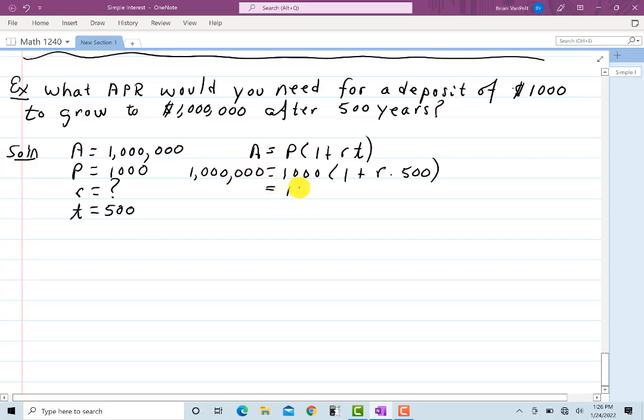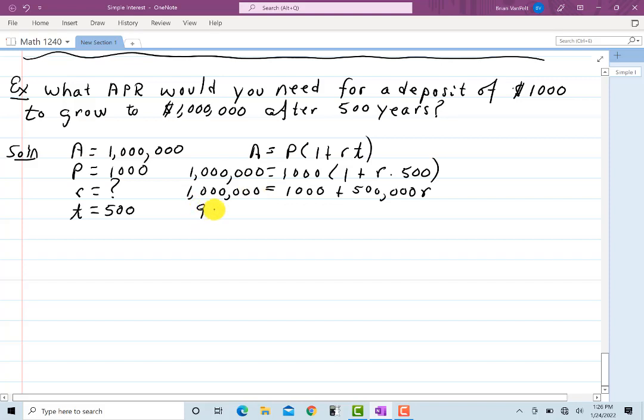All right, I'll distribute as usual. 1,000 plus 1,000 times 500 is 500,000. And then there's the R. Subtract the 1,000.